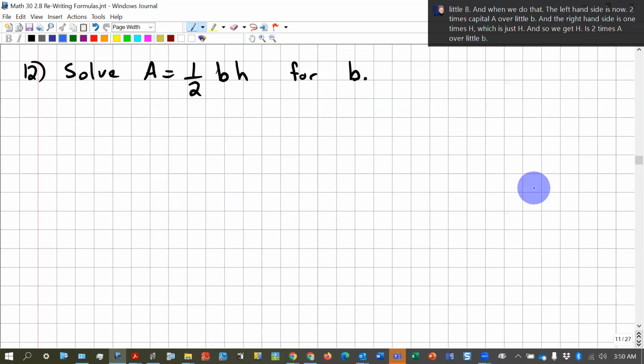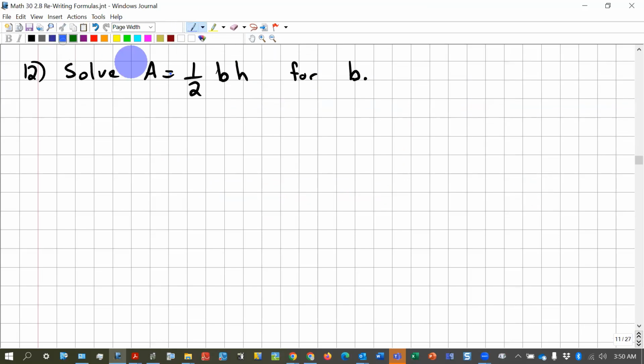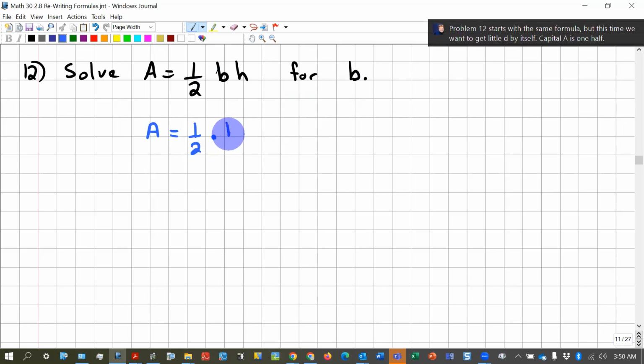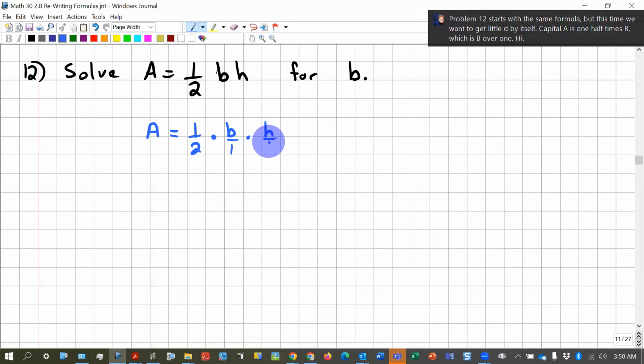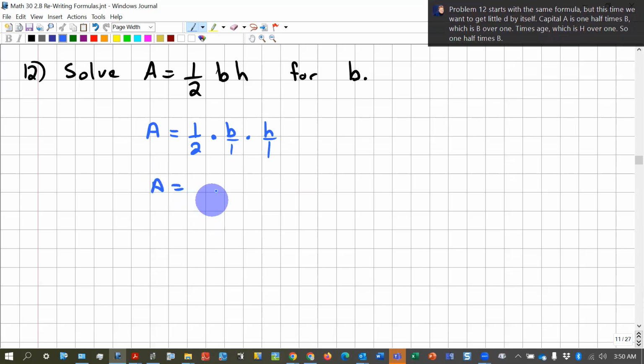Problem 12 starts with the same formula, but this time we want to get little b by itself. Capital A is 1/2 times b, which is b over 1, times h, which is h over 1. So 1/2 times b times h is the same thing as b times h over 2.